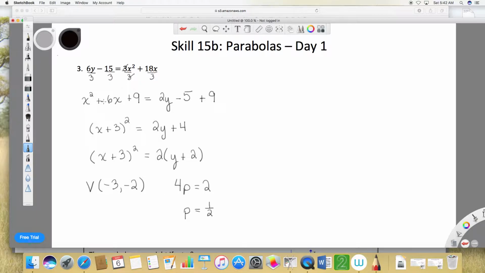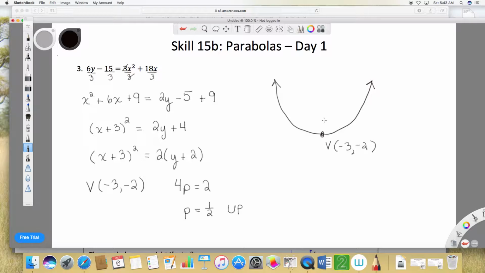It was x that's being squared, so I know that the parabola opens upward or downward. Since p is positive, then I know that this parabola should open upward. So if I have a parabola that opens upward, I have found the vertex to be the point (-3, -2).